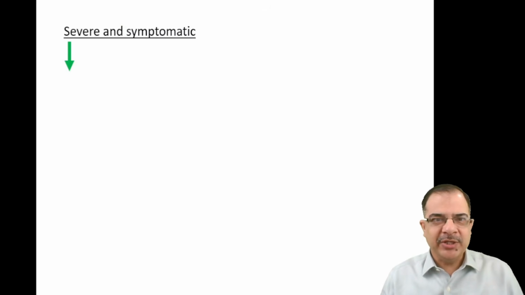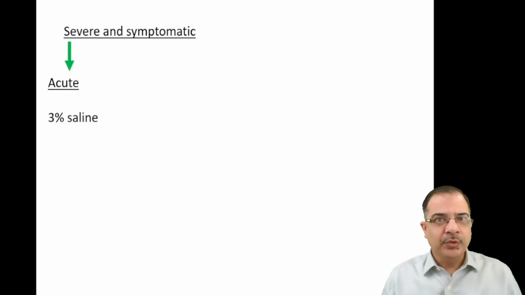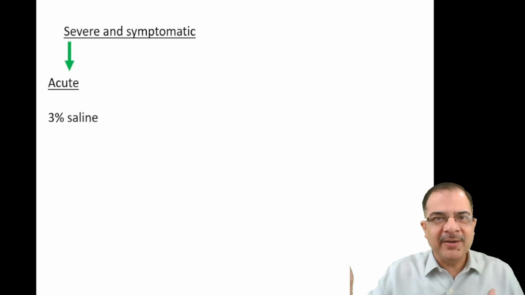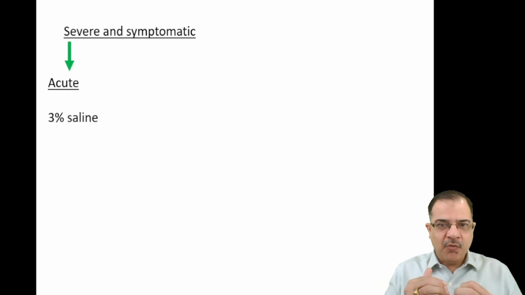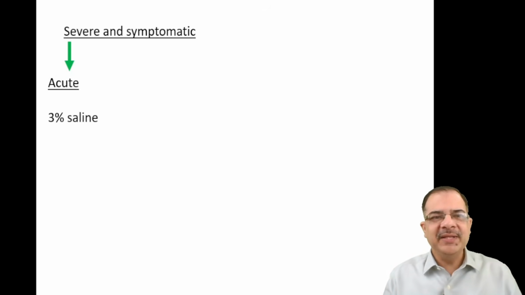Now, if a patient has severe and symptomatic hyponatremia presenting to us with acute symptoms, the important fluid here will be 3% saline, because we do not want to overload the body with water by isotonic saline. The water component should be less and more sodium should go into the body in these cases.